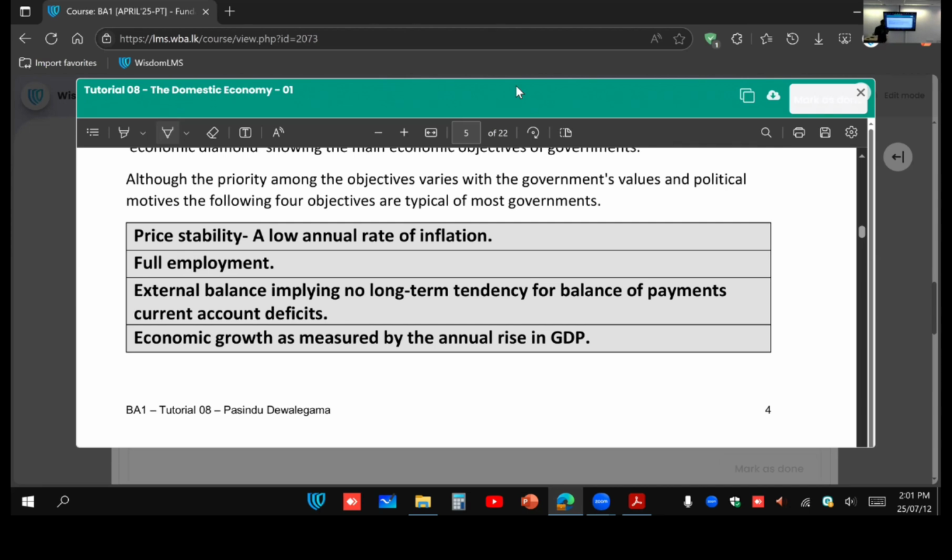Within the borders of the country, everything produced comes under gross domestic product. What is gross national product?